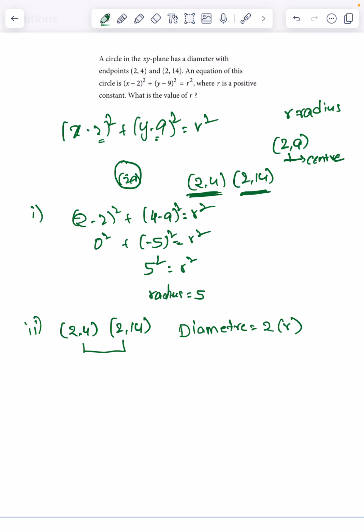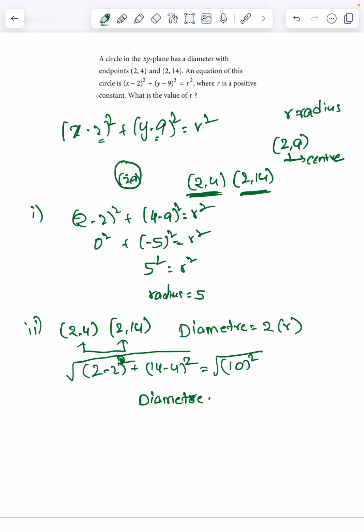The distance between both of these points is the square root of (2 minus 2) whole square plus (14 minus 4) whole square, which is the square root of 10 square. So the diameter, which is 2 times radius, is 10. 2 times radius is 10. Radius is nothing but 5.